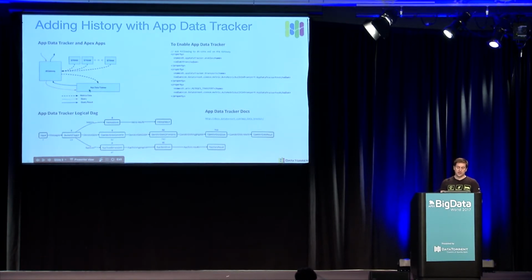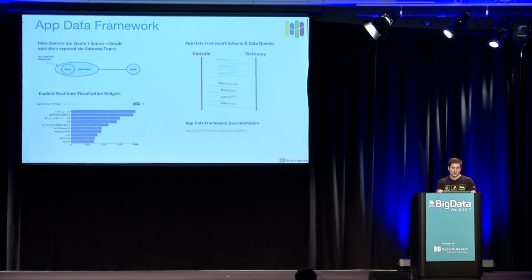Then the app data tracker exposes virtual data sources through the gateway, just like the sources you would write yourself in your app. They're exposed in a very similar way, so it makes it look like your application has additional data sources, which are the metrics for your apps. So you can visualize both your application data and metrics, and also the statistics from the system.